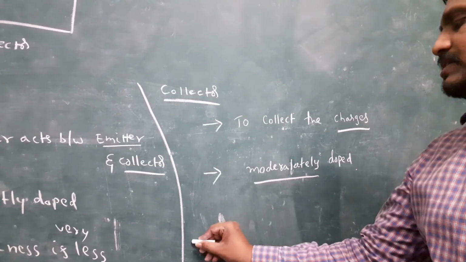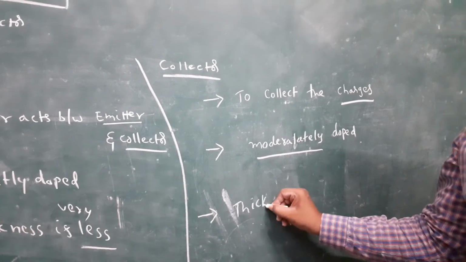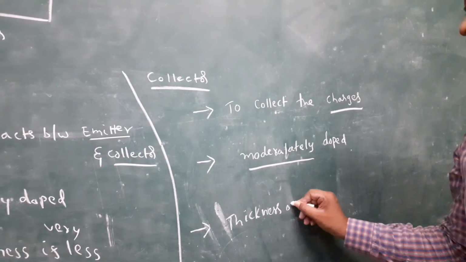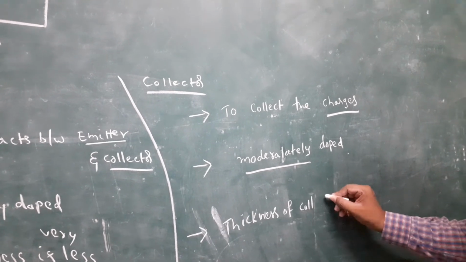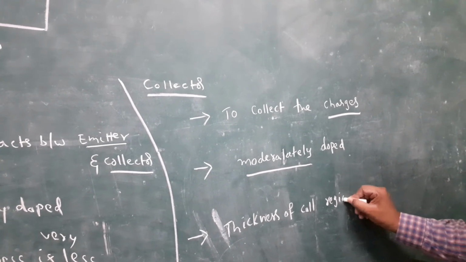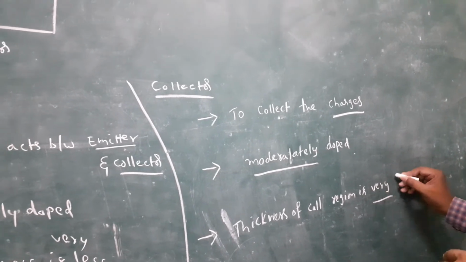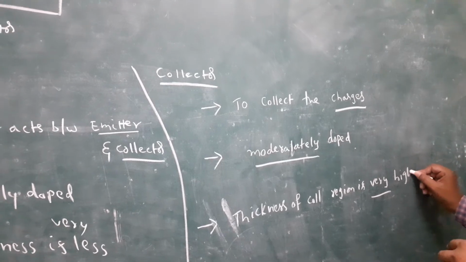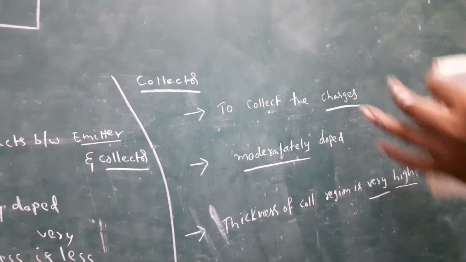Next, according to the diagram, the thickness of the collector region is very high, because all the charges collect here, so much space is required.